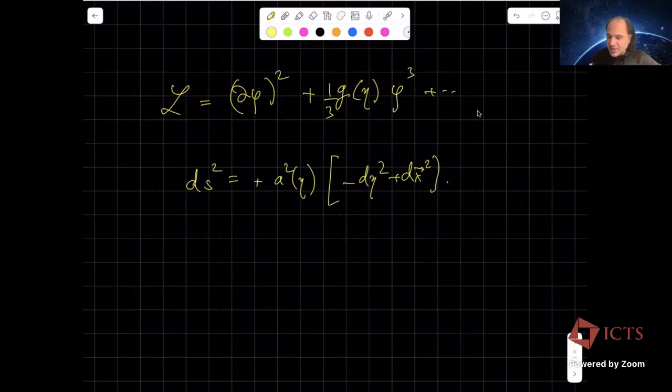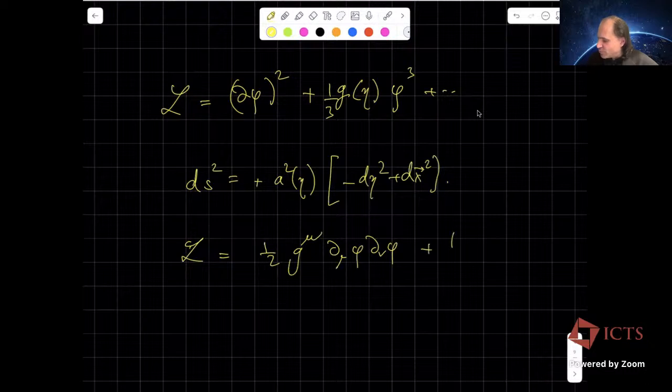But if in this cosmology I have a conformally coupled scalar field, so the Lagrangian, at free level, would be a half g mu nu d mu phi d nu phi, and there's some constant. I don't remember if it's a sixth or a 12th, but anyway, there's some specific constant times phi squared coupled to the Ricci scalar.